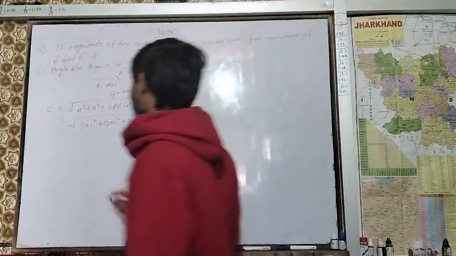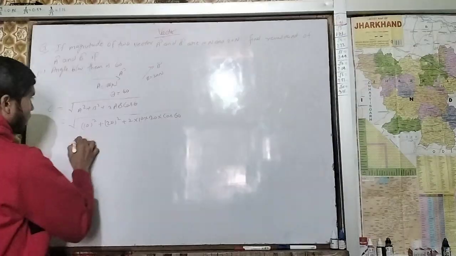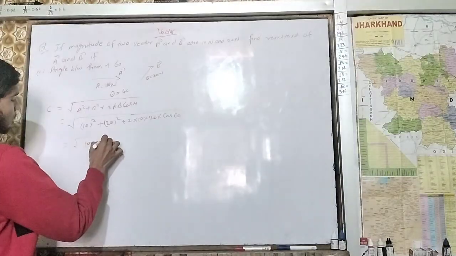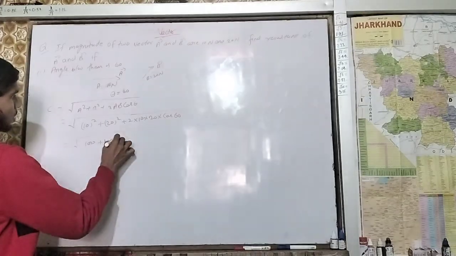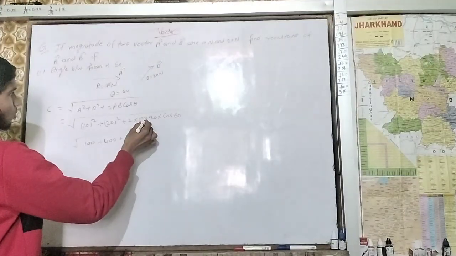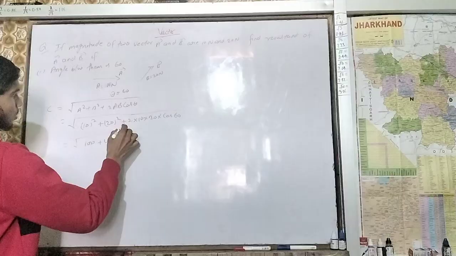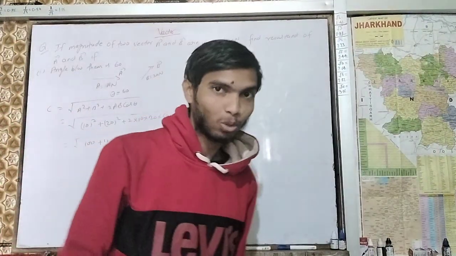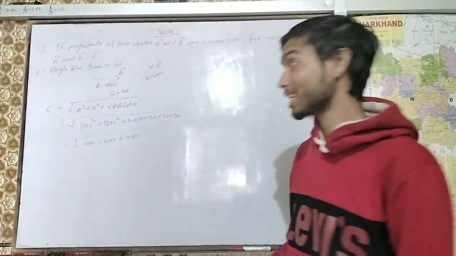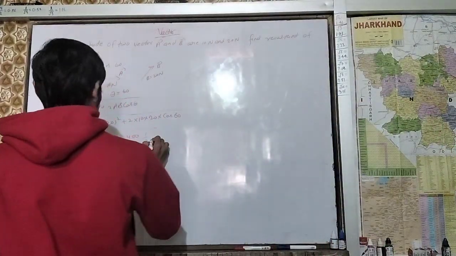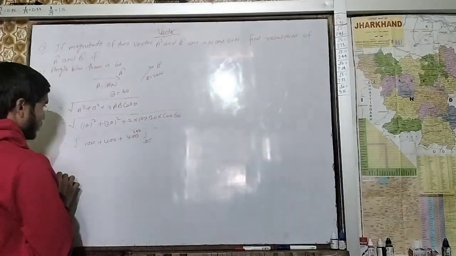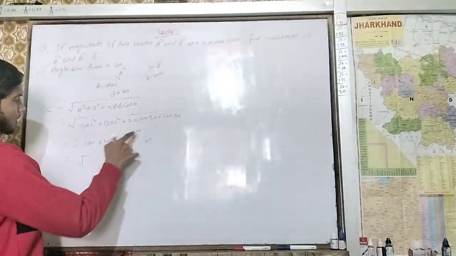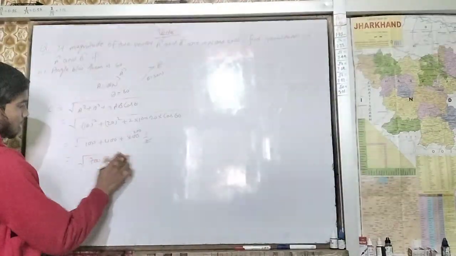Now we have to simplify. 10 raised to power 2 is equal to 100, plus 400, plus 200 times cos 60. Cos 60 is equal to 1 by 2, so 200. 100 plus 400 plus 200 is 700.